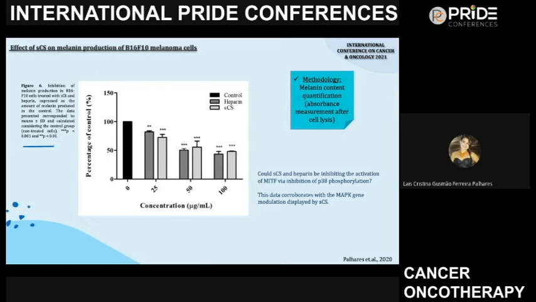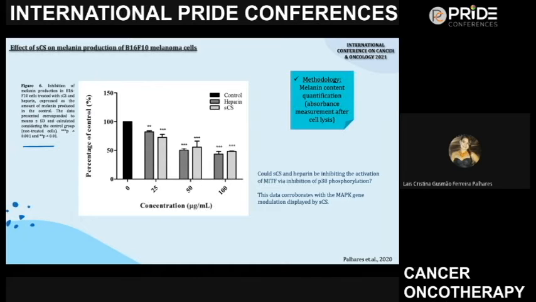And this pathway is one of the pathways that culminates in the activation of the MAP kinase gene as well. And this is important because this kinase, like I said before, is related to proliferation, adhesion, and invasion. So it's quite crucial within this tumor environment to promote tumor progression.